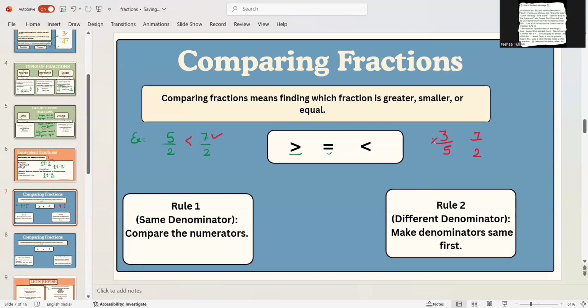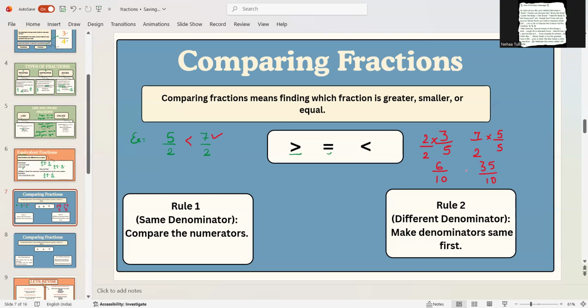Like if we multiply first fraction with 2 in numerator and denominator both sides. Similarly, if we multiply numerator and denominator of the second fraction with 5, we will get the same denominators like 3 2s are 6 and 5 2s are 10. 7 5s are 35 and 5 2s are 10. Now we have same denominators.